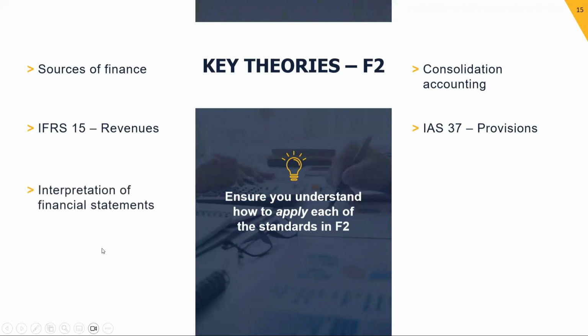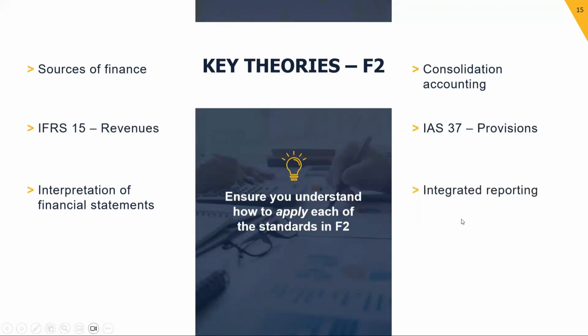Similarly, interpretation of financial statements, you need to be able to discuss the impact of certain things on ratios. And that is normally something students are better at because that's not accounting standard knowledge. But you do need to be able to explain the impact of certain things that might come up in the exam on the financial statements and therefore on ratios.